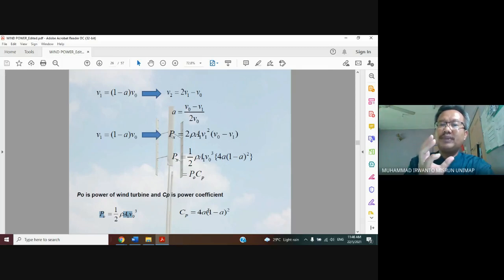And the second is the power coefficient, meaning the Betz formulation considers the value of the power coefficient to obtain the power extracted by the wind turbine. It is only considered by the value of the power coefficient, given by Cp equal to 4A multiplied by (1 minus A) power 2. This one.